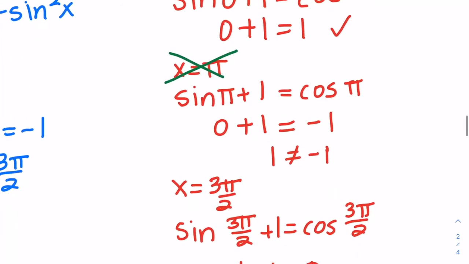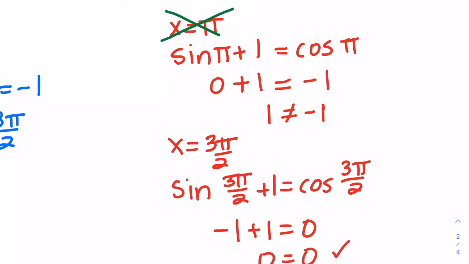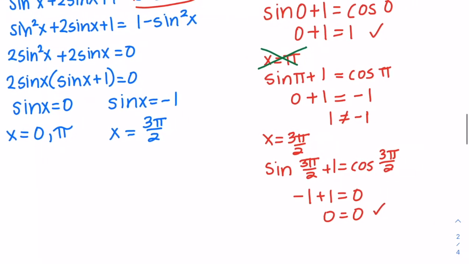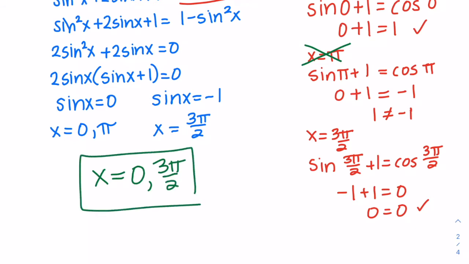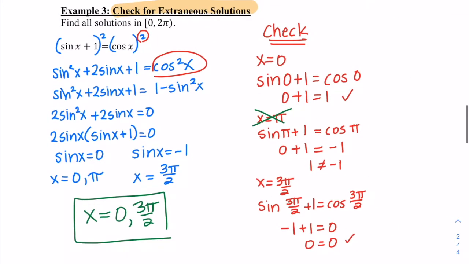And then when we plugged in 3 pi over 2, well, sine of 3 pi over 2 is -1, and cosine of 3 pi over 2 is 0, so 0 will equal 0. So we actually only have 2 solutions. So just making sure we're rewriting this, we're only going to include 0 and 3 pi over 2 as our final answer. And it's probably helpful to start drawing a box around your final answer, just to be clear.